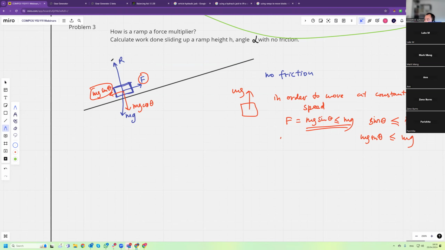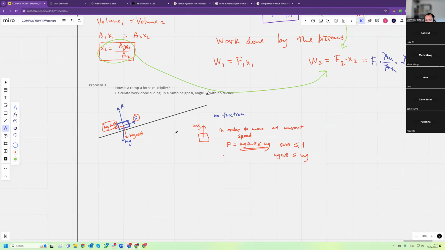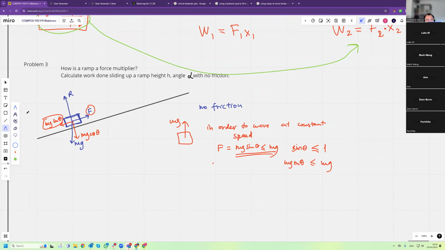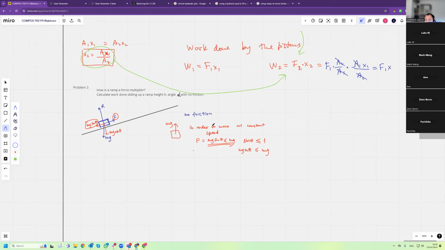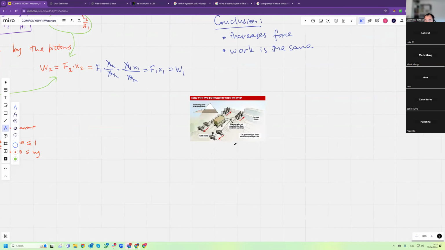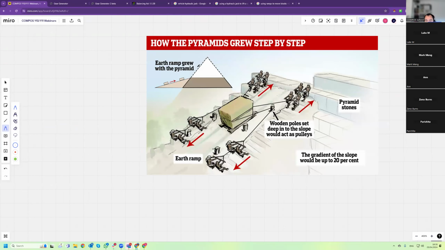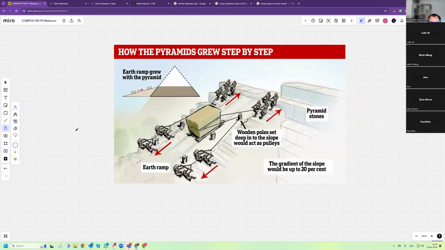The up bit. What do you mean by up? So this is the pyramid. You want the block.